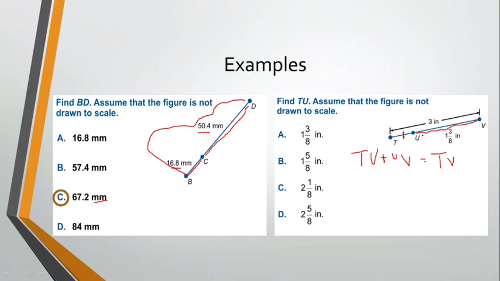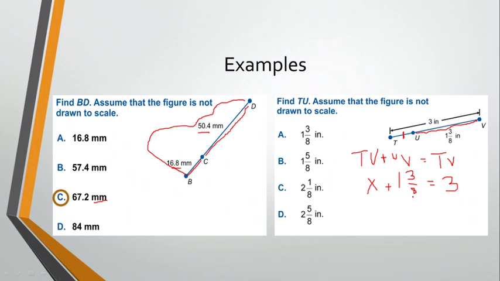In this case, I would take TU and make it X. UV, I'm going to make 1 3/8. And TV is going to be 3. So really all I have to do is take 3 and subtract 1 3/8.